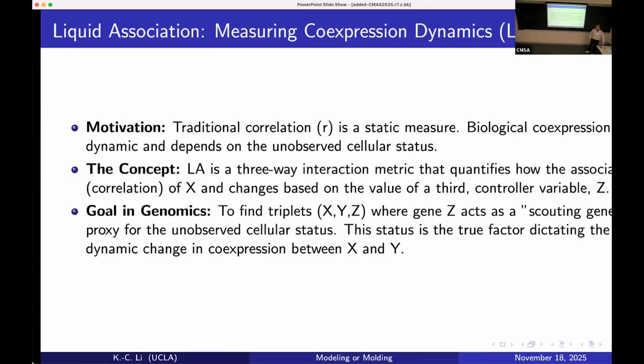And here is the concept I came up with that has to do with the triplet. So instead of looking at a pair of genes, which was quite popular at that time, I suggest that we should look at three genes.